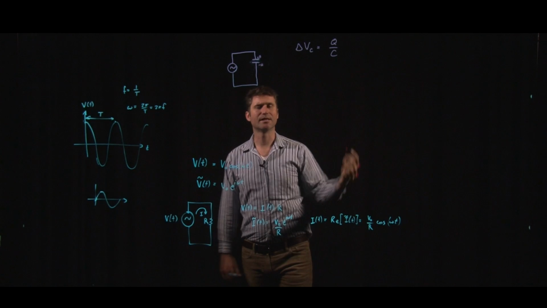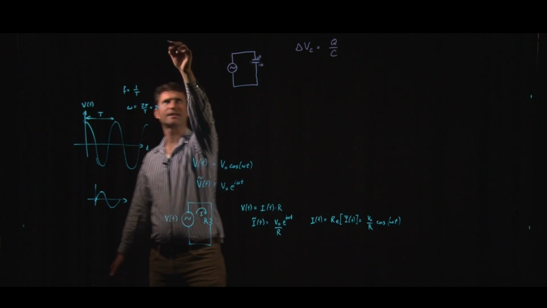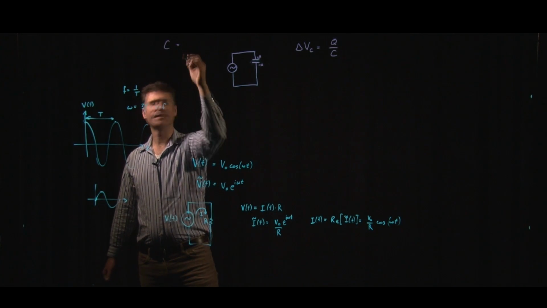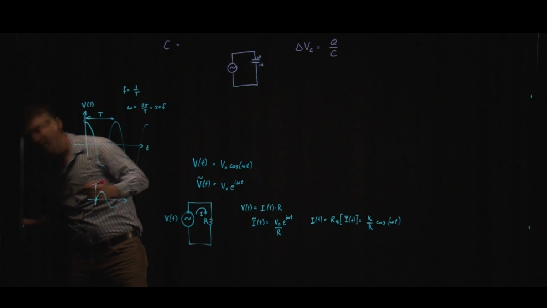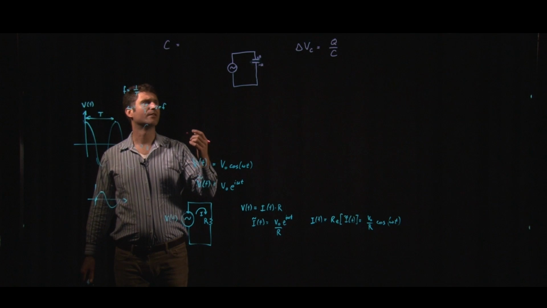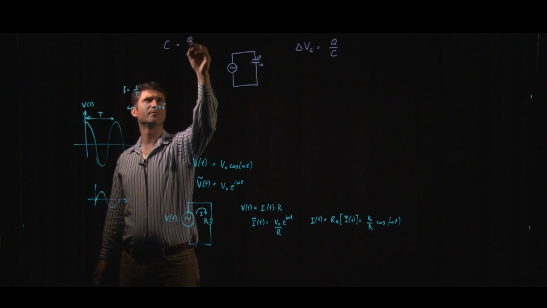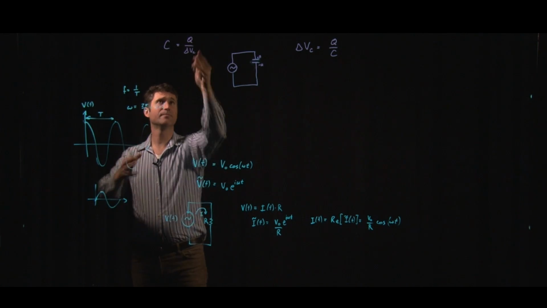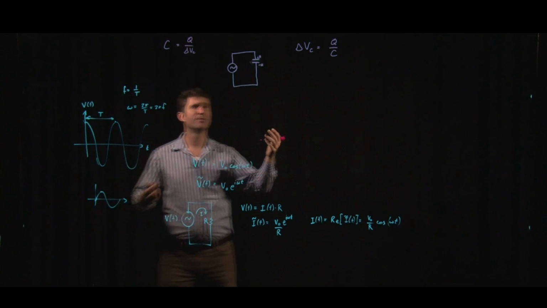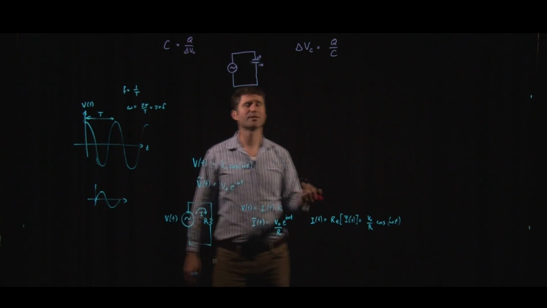Or in other words, capacitance is defined as the amount of charge per volt, right? So if I were to apply a particular voltage across there, that would tell me how much charge difference I can build up across my capacitor plates.